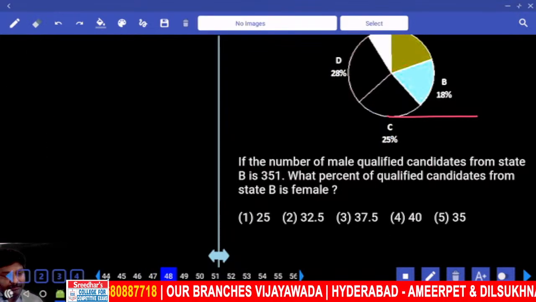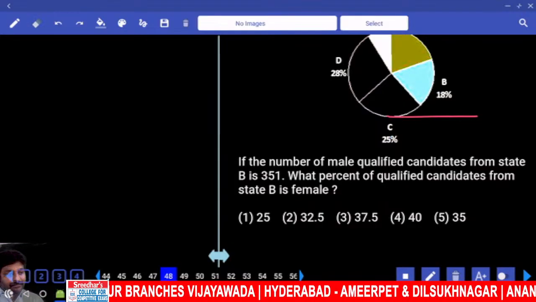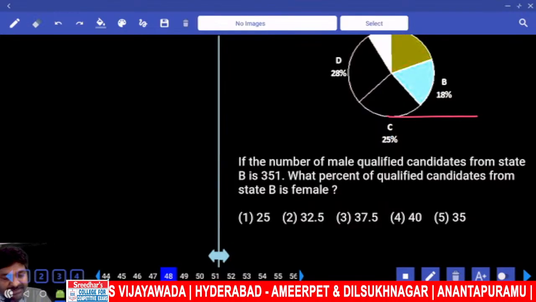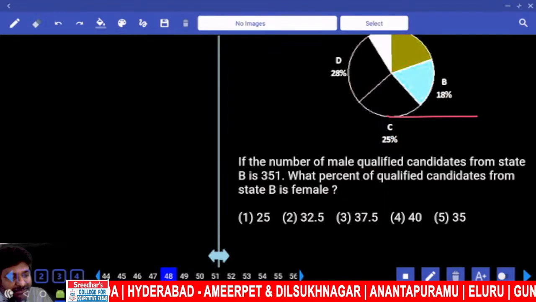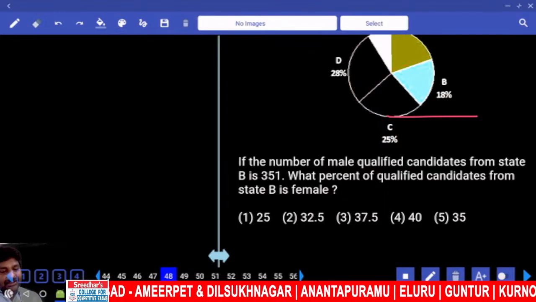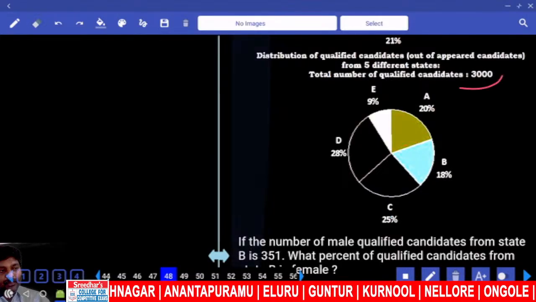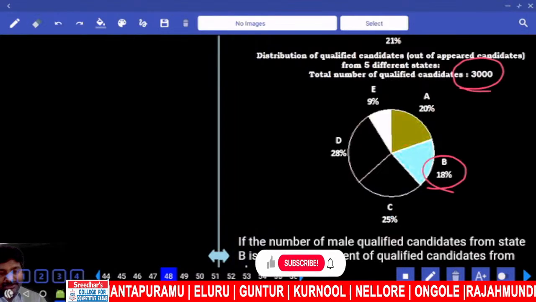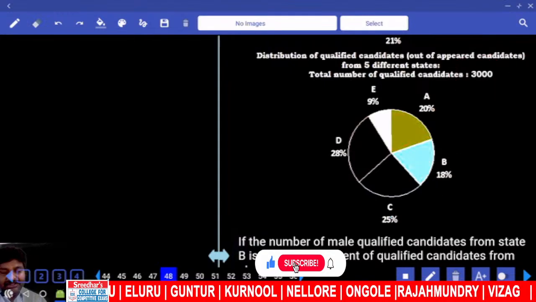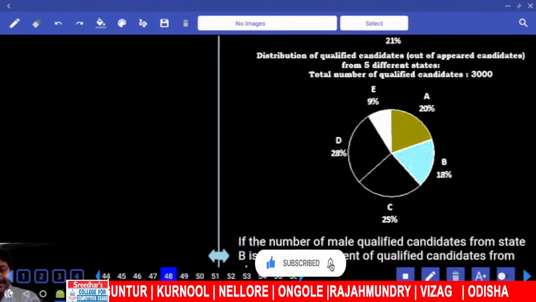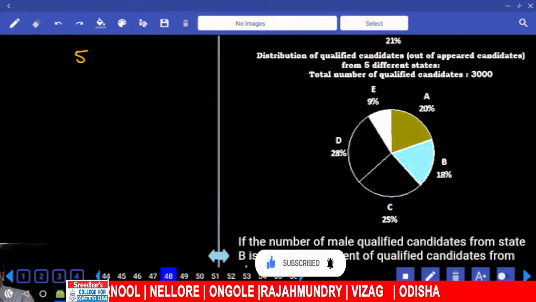If the number of male qualified candidates from state B is 351, what percent of qualified candidates from state B is female? State B, qualified people, 3000 total, 18%. What is 1% of 3000? 30. 18%, 540.